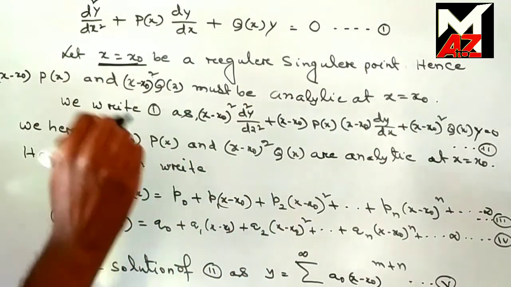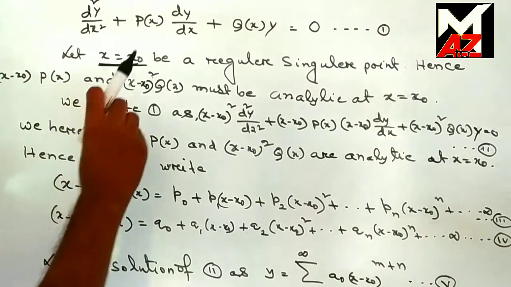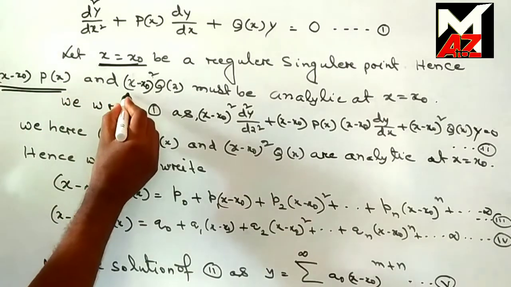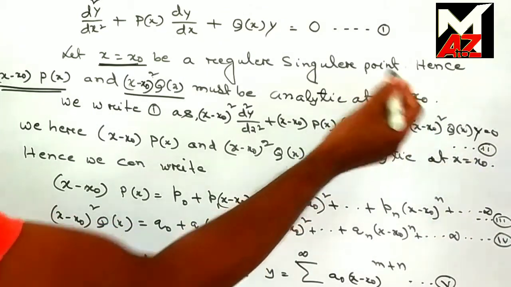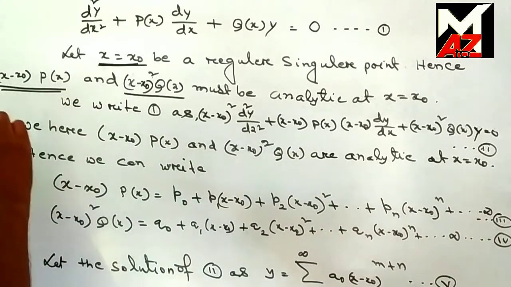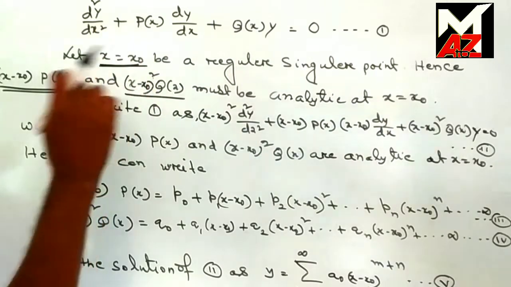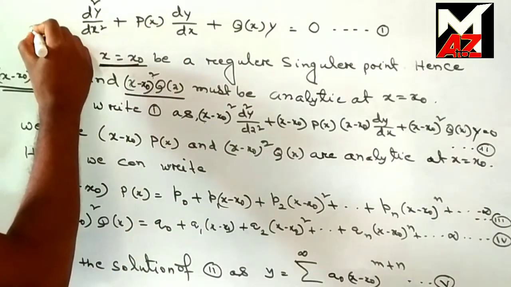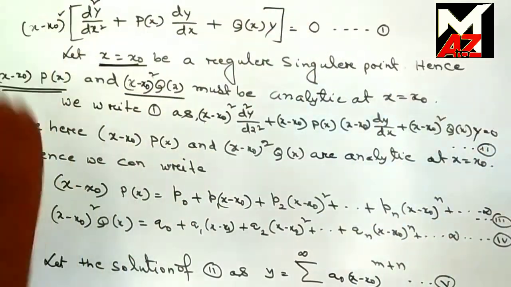Hence, from the definition of regular singular point, we say that x minus x0 into p of x and x minus x0 whole square into q of x must be analytic at x equal to x0. Now we write equation 1 by multiplying both sides by x minus x0 whole square.